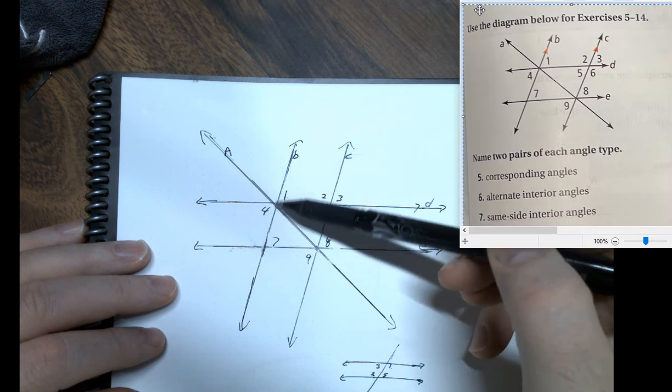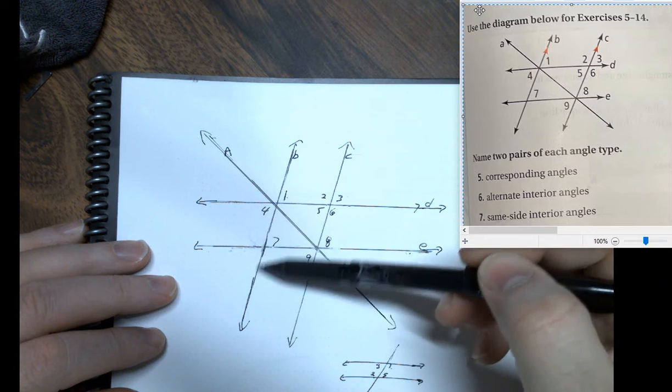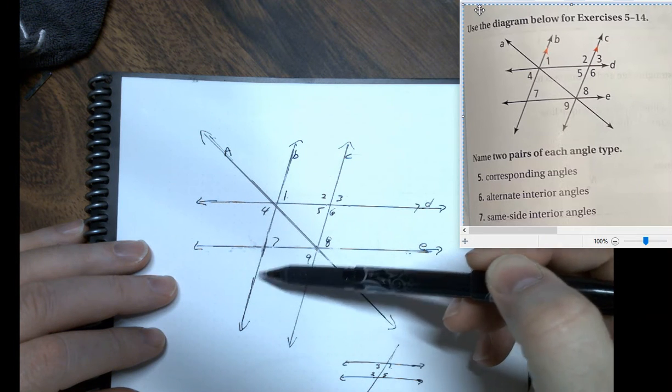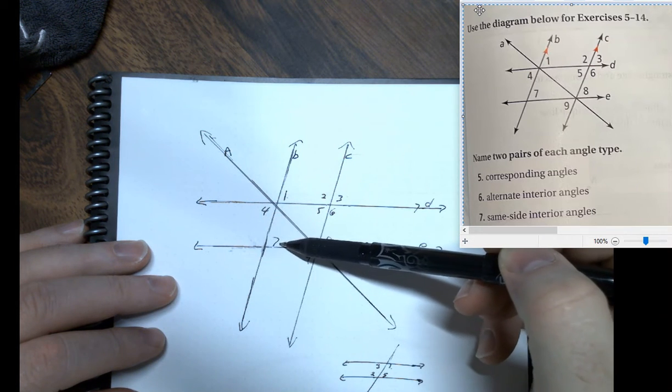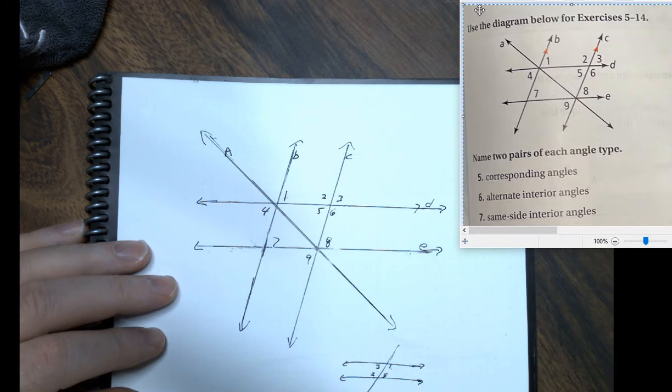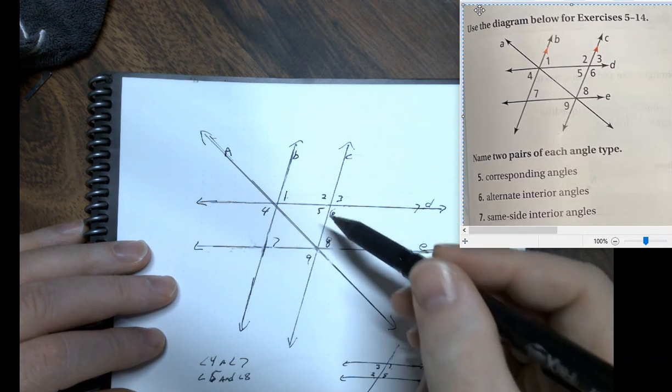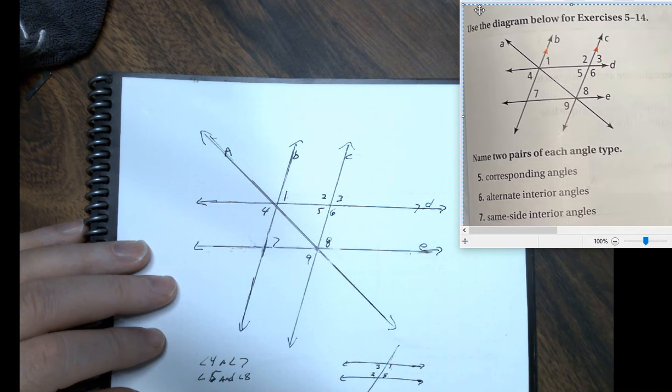This time B is our transversal cutting in. Alternate interior would be 4 and 7. So our angles 4 and 7, and 5 and 8 are our alternate interior angles.